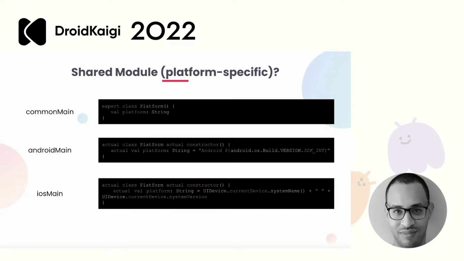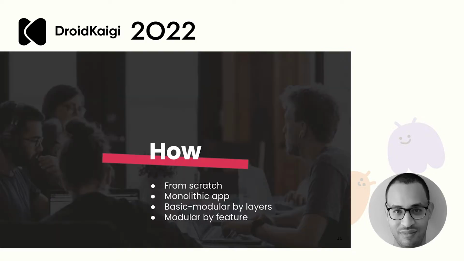The expected declaration must be done in the common package and acts like an interface which defines your needs, and platform source sets must provide the actual declaration corresponding to the expected declaration. As you can see, for Android, we use android.os.Build.VERSION, and for iOS, we can use UIDevice.currentDevice.